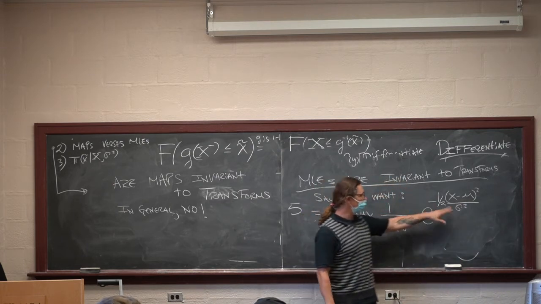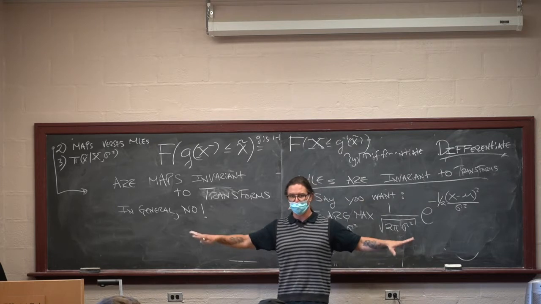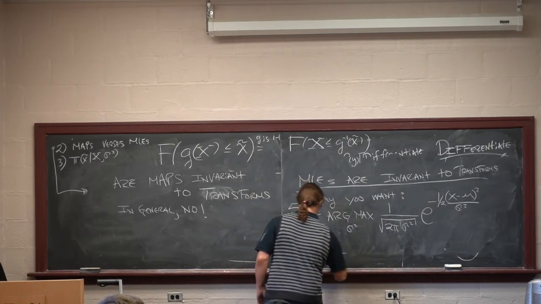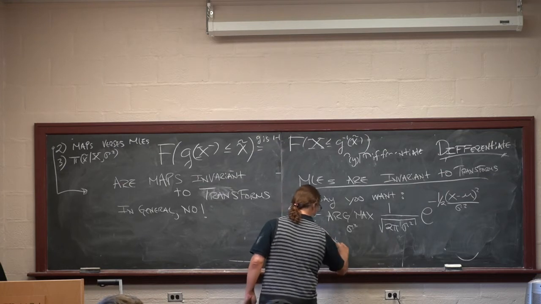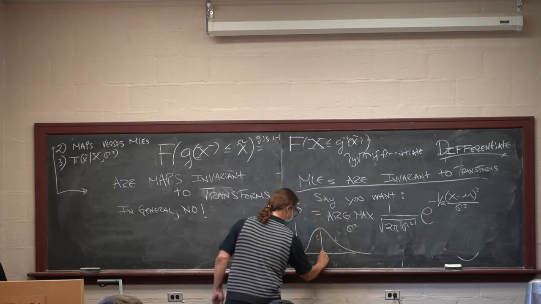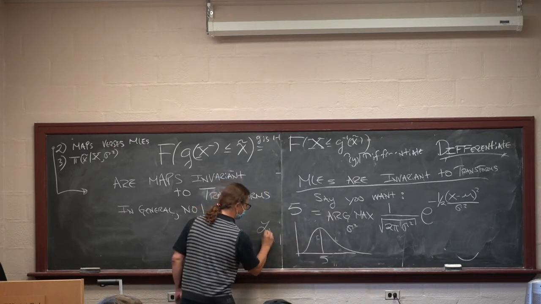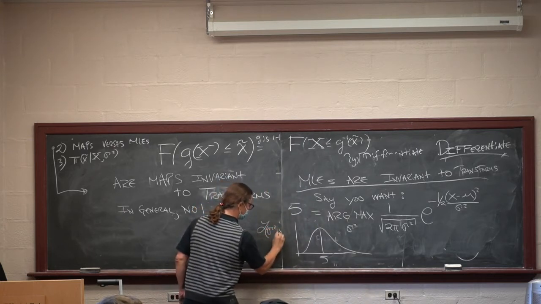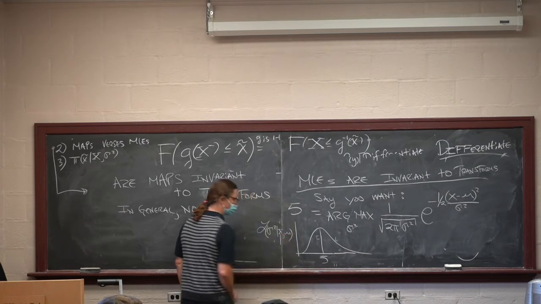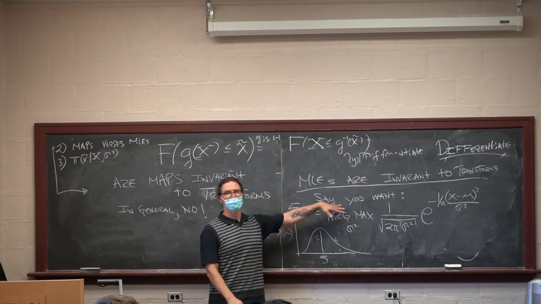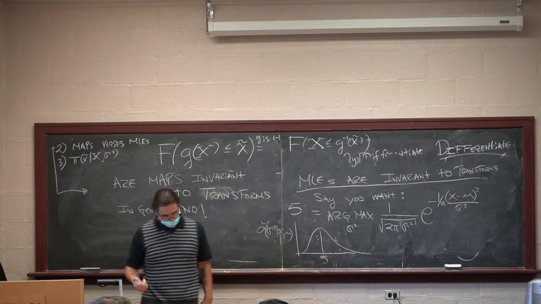So I was able to plug all those things in and draw this curve. Something positive, and it peaked right here at 5. This will be the likelihood on sigma squared. So I gave you an x and a mu such that this works out.